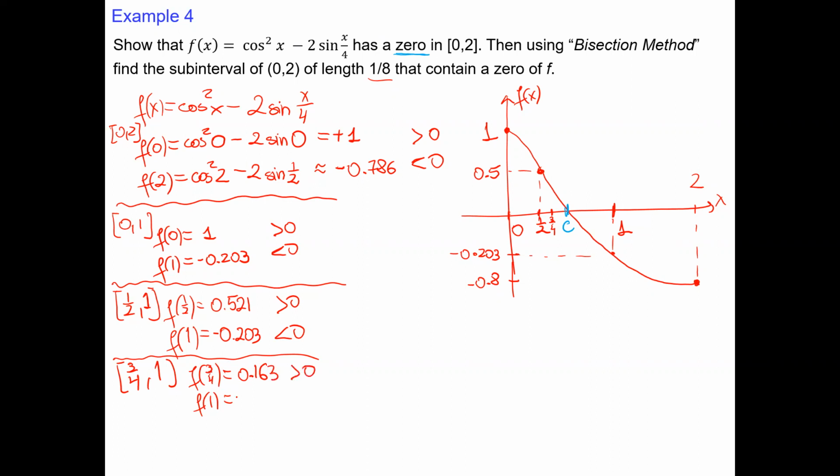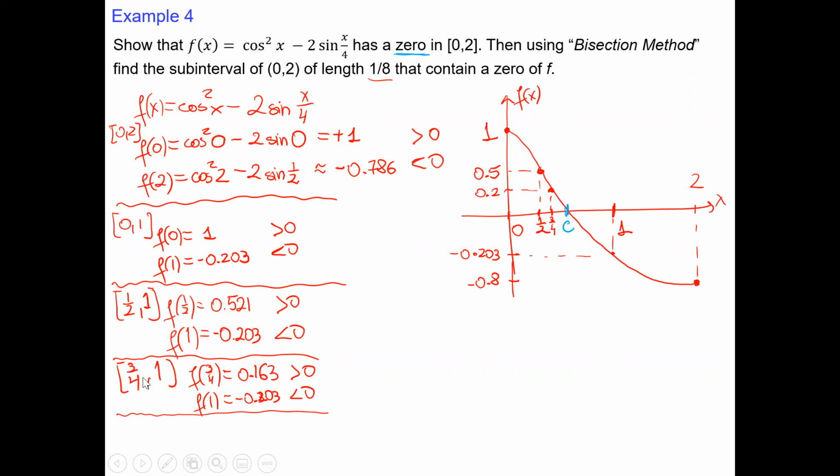Positive, and the value at 1 still stays the same, negative. So definitely the intermediate value theorem guarantees that the root, the 0, is between 3/4 and 1 on that interval.